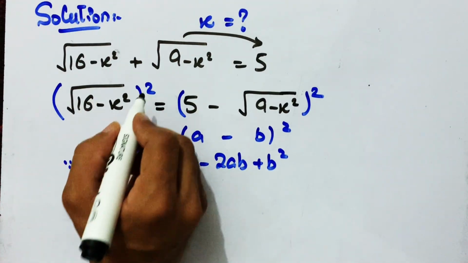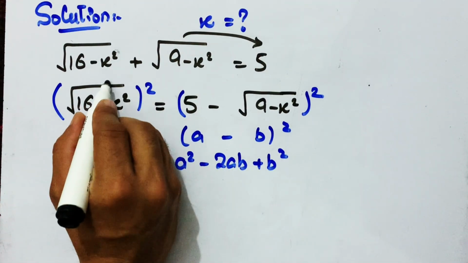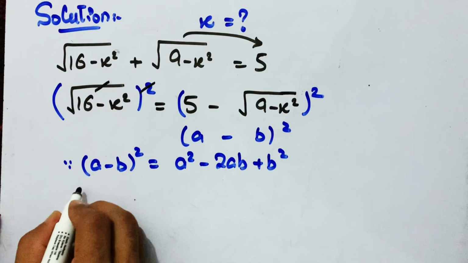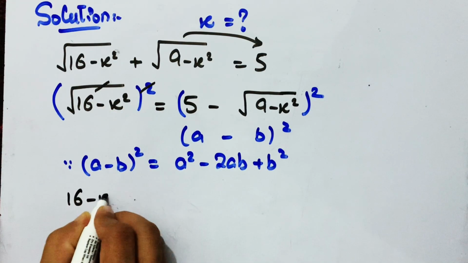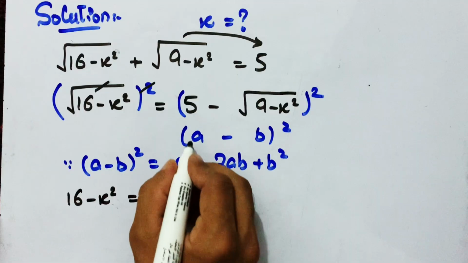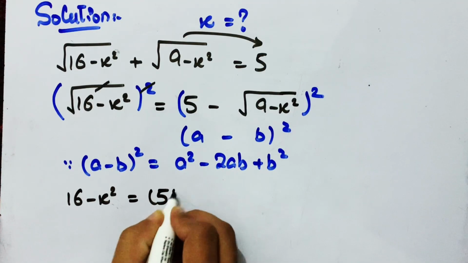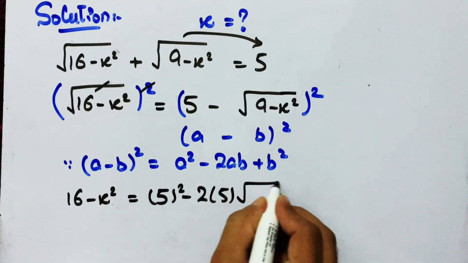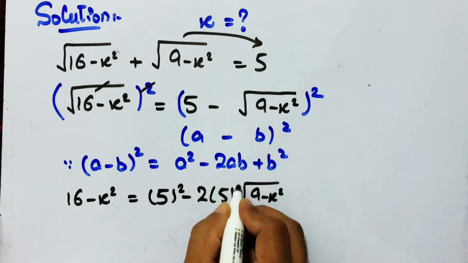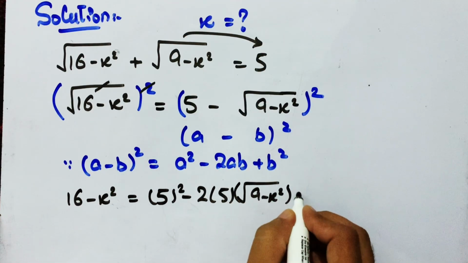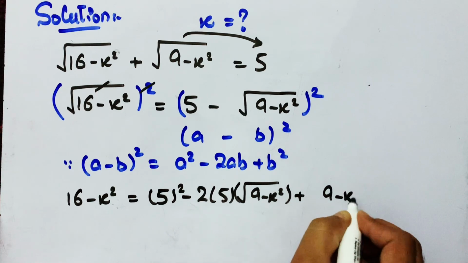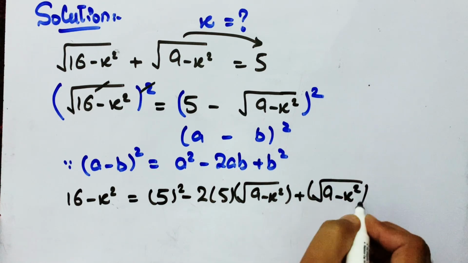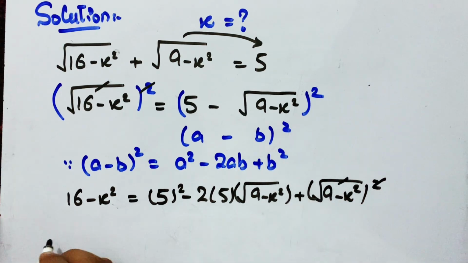So as above, the square root and square cancel out, and the equation will be 16 minus x square is equal to 5 square minus 2 into 5 into the square root of 9 minus x square plus 9 minus x square, where the square root and square cancel out.